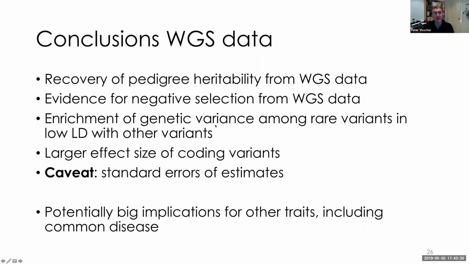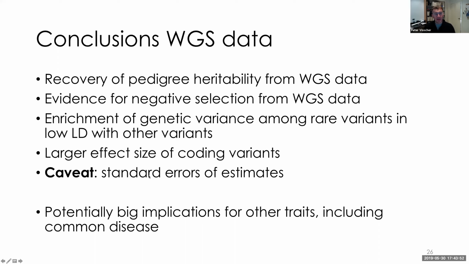We find an enrichment of genetic variants among rare variants in low LD with other variants. We find evidence for, on average, larger effect sizes of coding variants. And a big caveat here is that the standard errors of the estimates are not small.